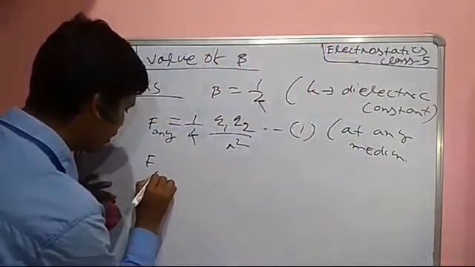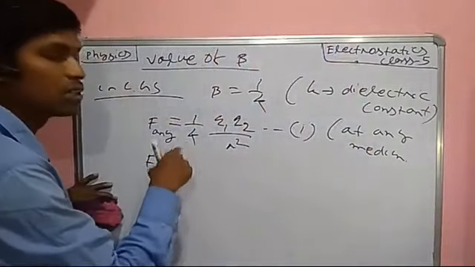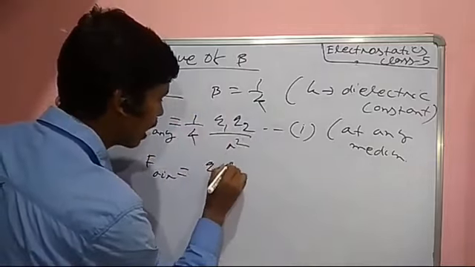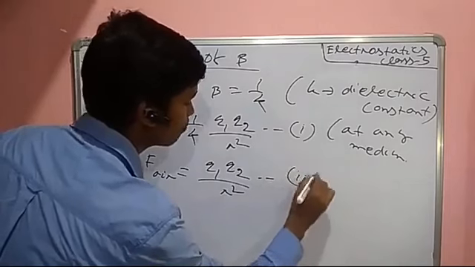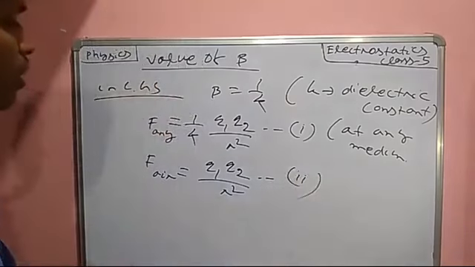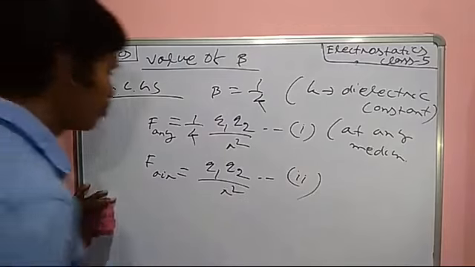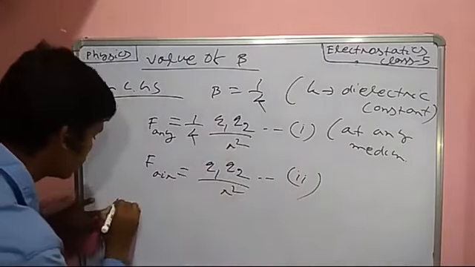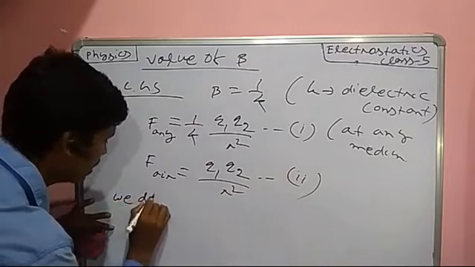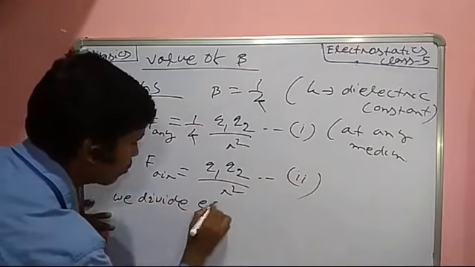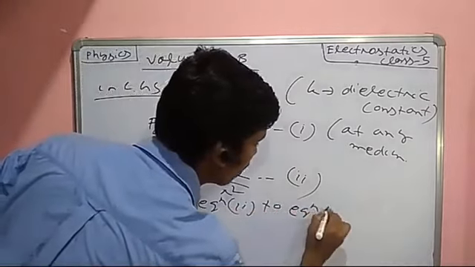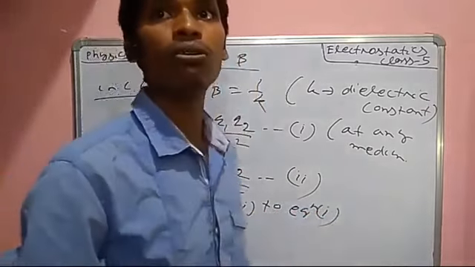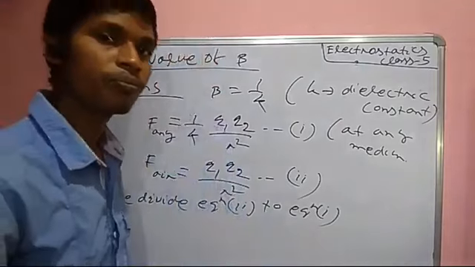For F air, in air medium K is equal to 1, so F air is q1 q2 by r square, that is equation 2. Suppose we divide equation 2 by equation 1.